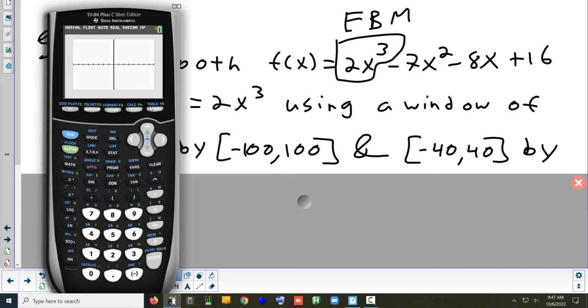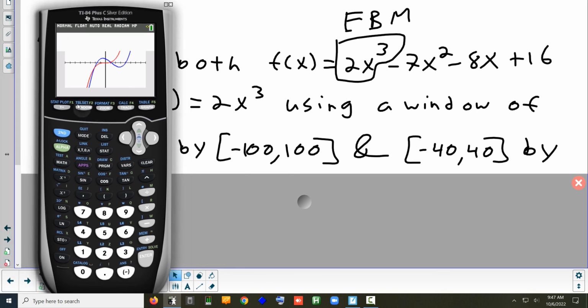So let's see how the EBM and the original problem compare. That's the original problem, 2x cubed minus 7x squared, all that stuff. There's the EBM. Do they look identical? When I say identical, I mean they're almost exactly on top of each other. No, they're not that close. But that's because we're zoomed in quite a bit.